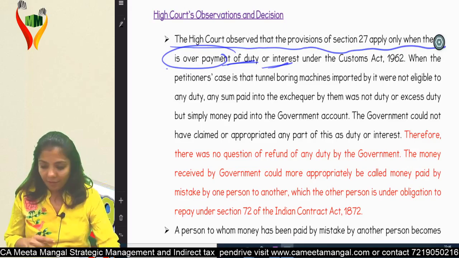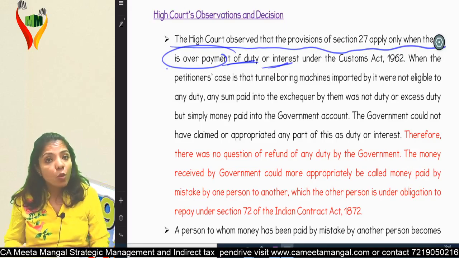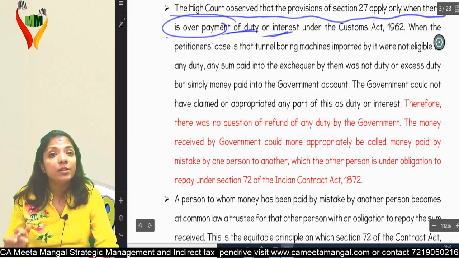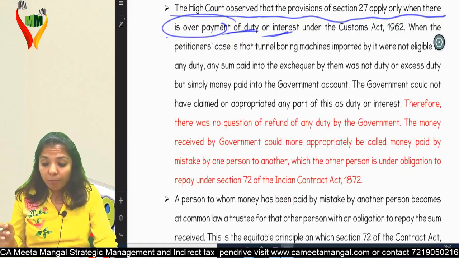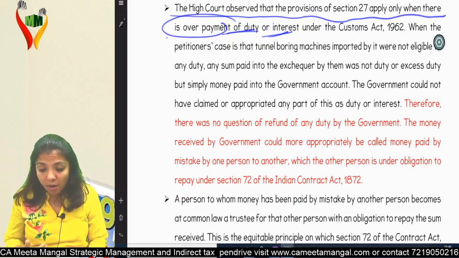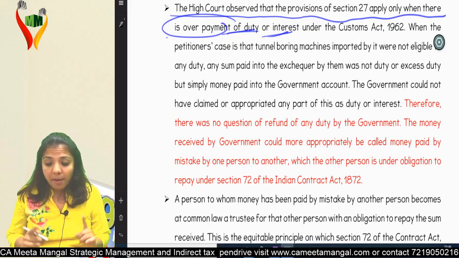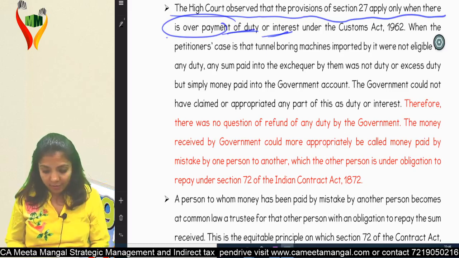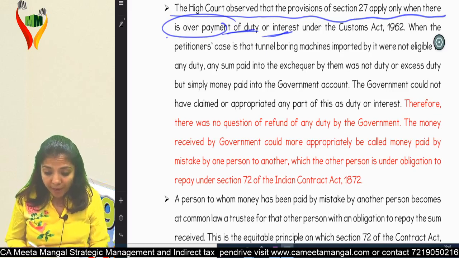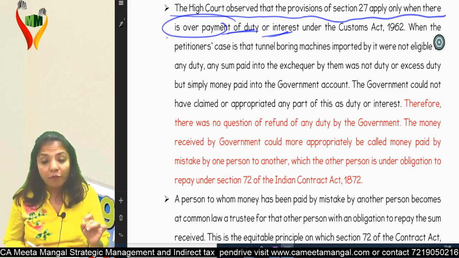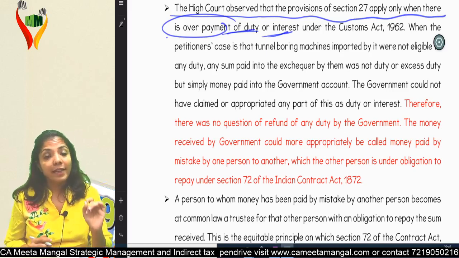Let's read this. Therefore, there was no question of refund of any duty by the government. The money received by the government could more appropriately be called money paid by mistake by one person to another, which the other person is under the obligation to repay under Section 72 of the Indian Contract Act.